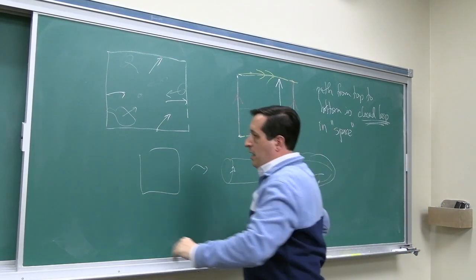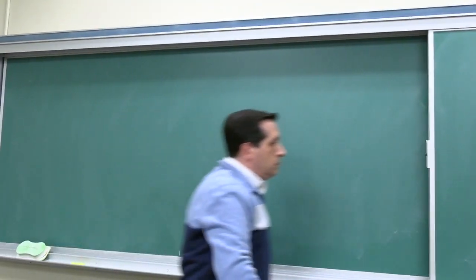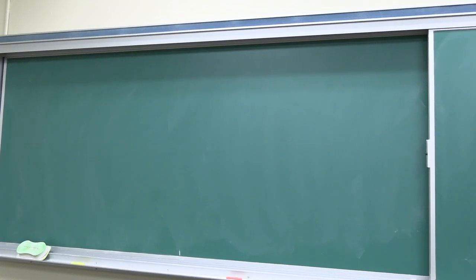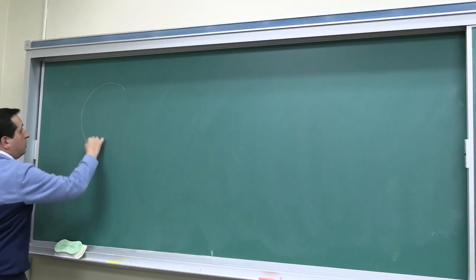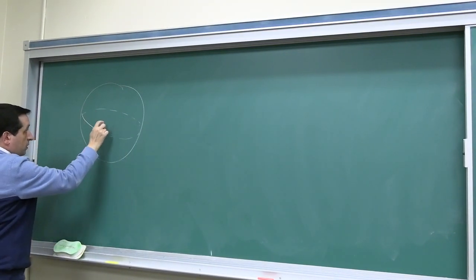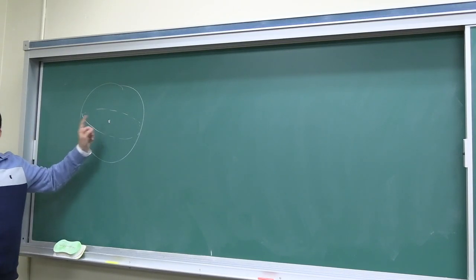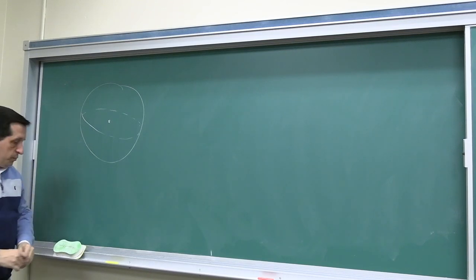Okay, so now let's come back and look at the case of the ball. Okay, so here we go. So now we're going to draw a picture. All right. So imagine, this is a solid ball. Here's the origin. Remember, the origin of the ball corresponds to the identity, meaning you're just staying fixed in space.